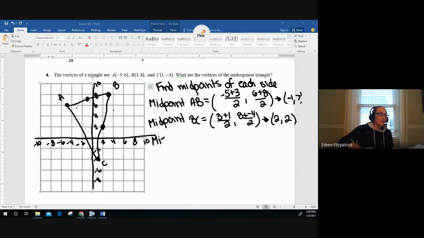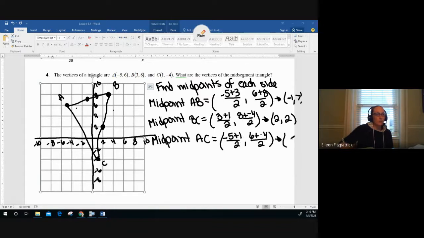And then finally, the midpoint of AC. So it's A to C, average of the x's, negative 5 plus 1 divided by 2. Average of the y's, 6 plus negative 4 divided by 2. All right, so let's do that math. Negative 5 plus 1 is negative 4.